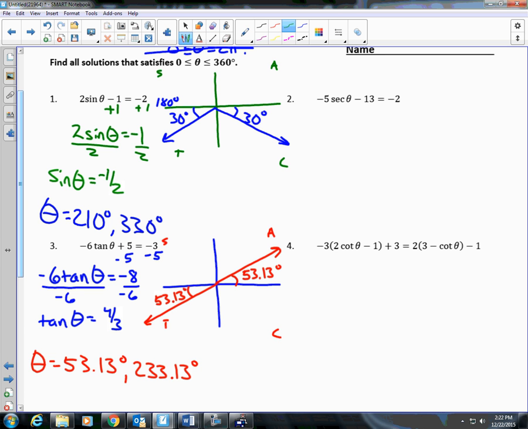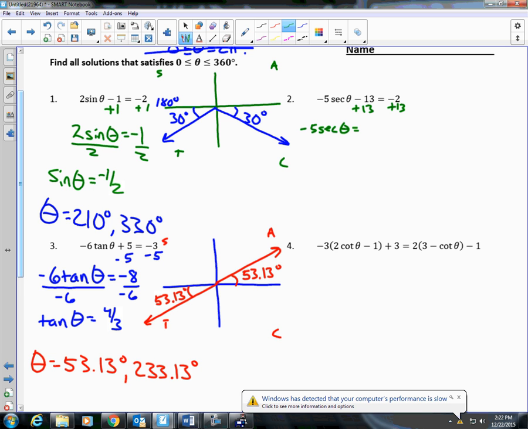Cosine. So we'll solve it just like normal. Plus 13, negative 5 secant theta equal to 11. Divided by negative 5. Secant theta is equal to negative 11 over 5.